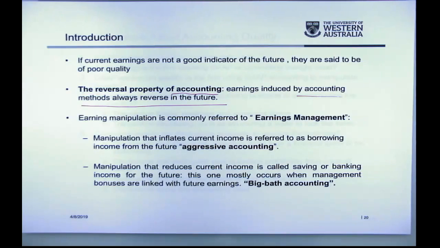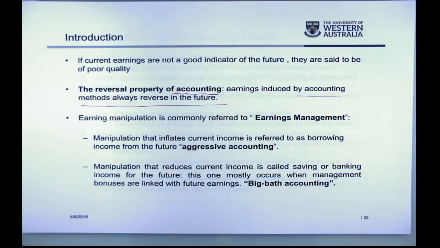The same applies, for example, if we claim a lot of deferred revenues. You remember the meaning of deferred revenues? Deferred revenues are usually unearned revenues. They are a liability to the firm. This is the case when the firm receives advance payments from customers in order to deliver goods and services in the future.